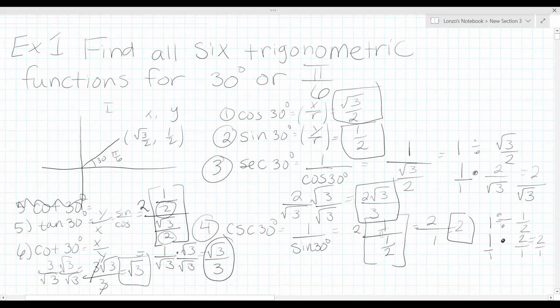Okay. So that's how you find the 6 trigonometric functions for 30 degrees. Now you can do this for any angle, right? You could do 3 pi over 4, and you just have to know where you are in the unit circle. So 3 pi over 4 has a coordinate of negative radical 2 over 2, comma radical 2 over 2.